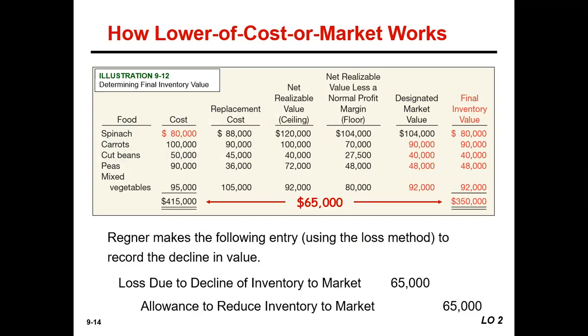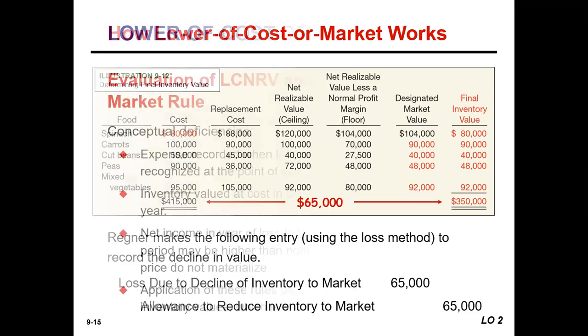And when we were looking at the journal entry for the allowance method, we said credit the allowance to reduce inventory to net realizable value, right? So when we're talking about this lower of cost or market, the wording is replaced by market as opposed to net realizable value.